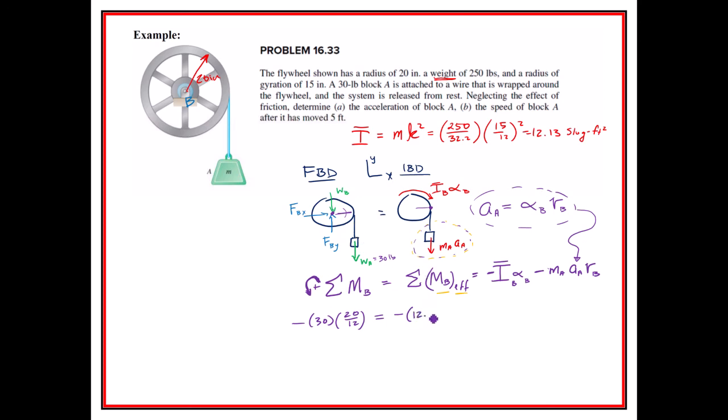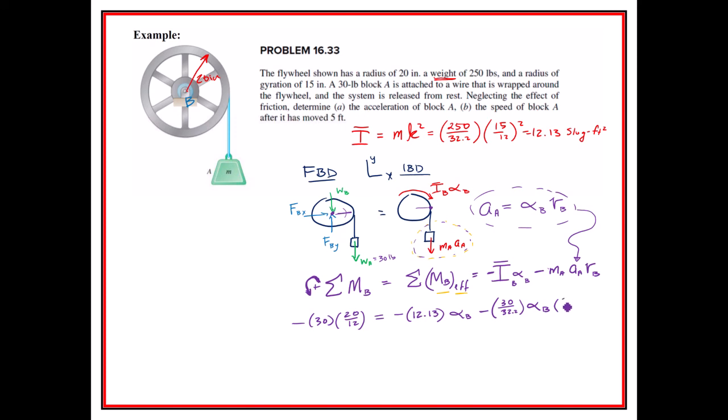The mass moment of inertia is 12.13, and we don't know alpha B, minus the mass of A, which is 30 divided by 32.2 times alpha B times R, but it's alpha B times RB, right?